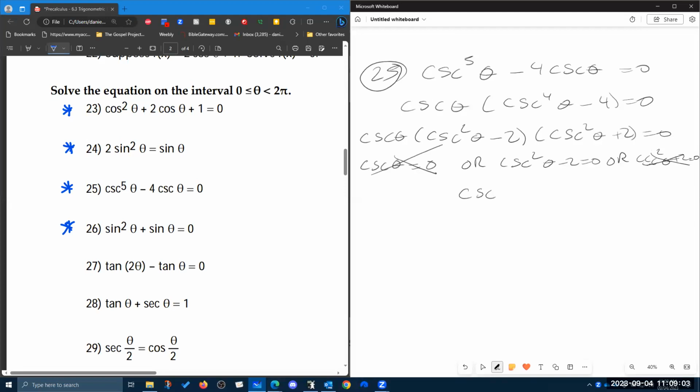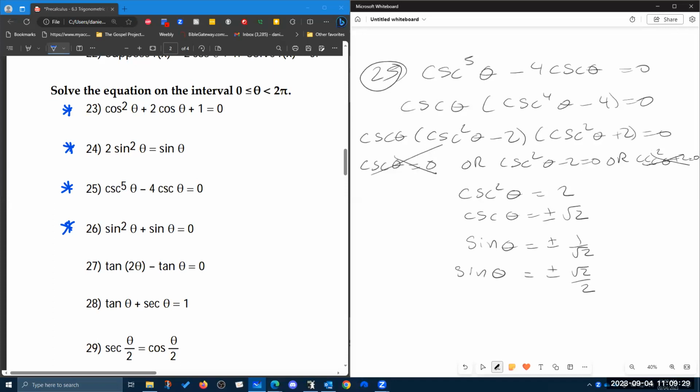That cosecant squared theta is equal to 2, which makes cosecant of theta equal to plus or minus root 2. I know where that's at, but let's go ahead and change this to sine to make it easier for you. Sine is plus or minus 1 over root 2.